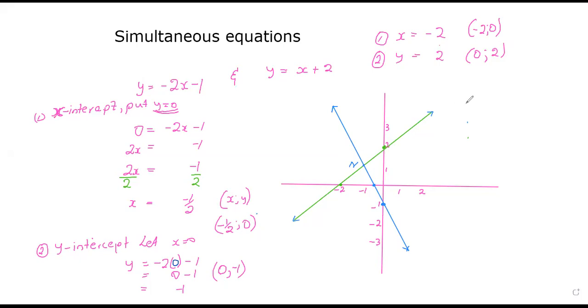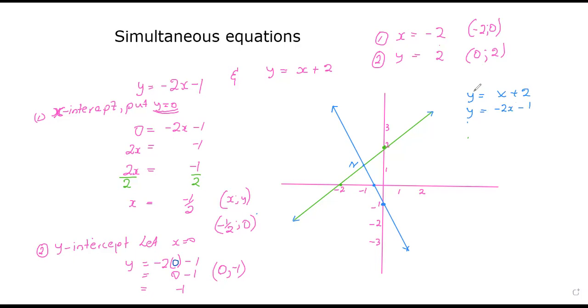Now let's look at the graphs themselves. We said y is equal to x plus 2, and on that side we have y is equal to negative 2x minus 1.